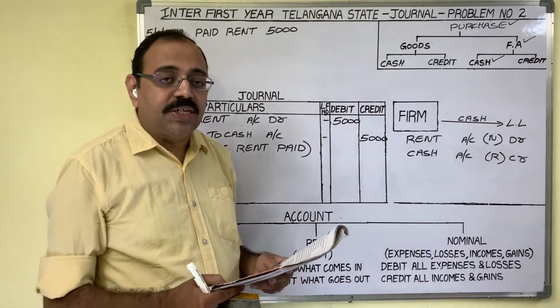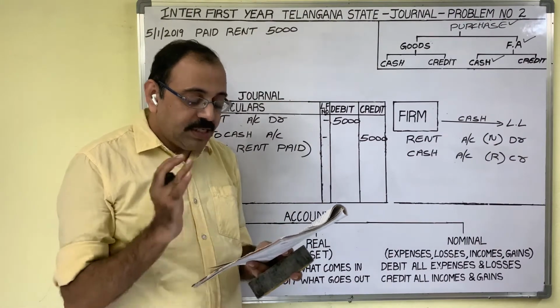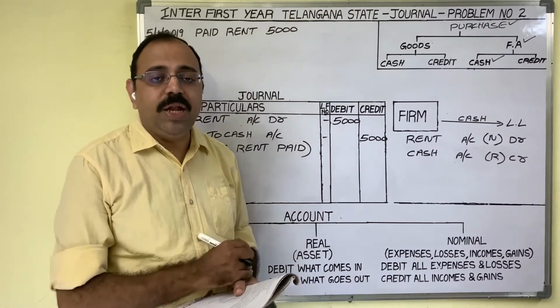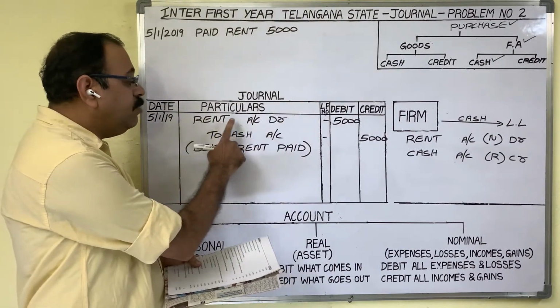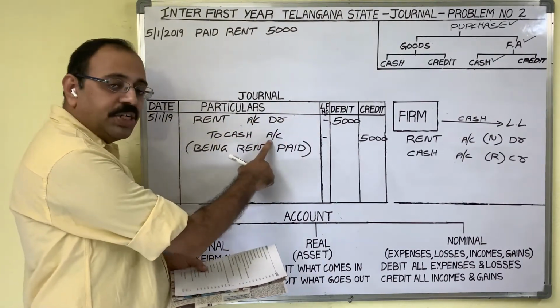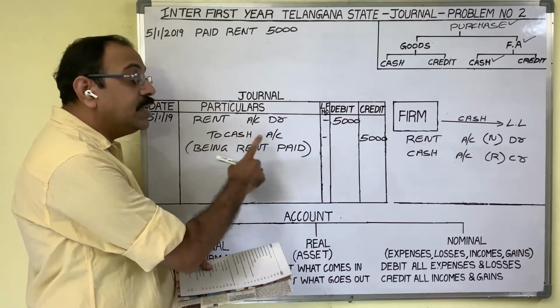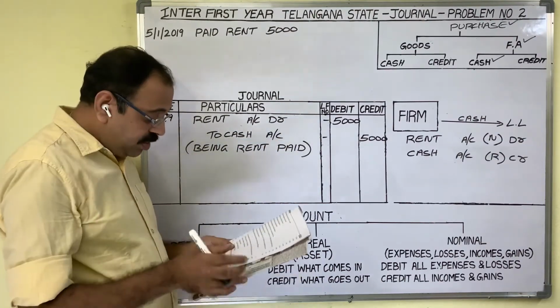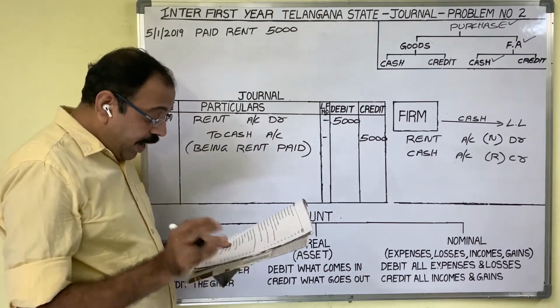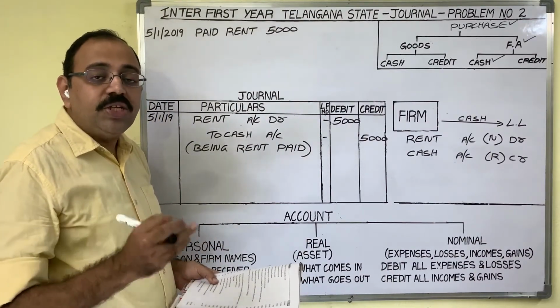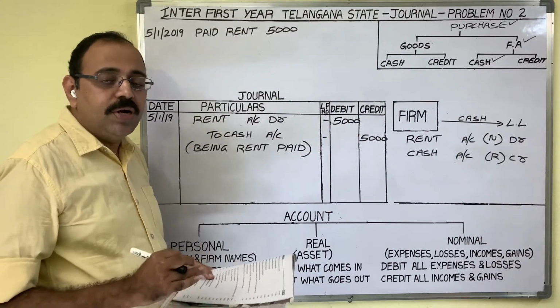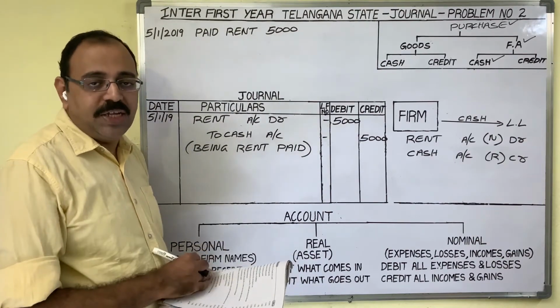Ninth day transaction. Paid electricity bill. Electricity bill is an expenditure, no? So what is the entry? Electricity bill account debtor to cash account. Being electricity bill is paid. Similarly, on 18th date, paid wages. We pay wages to labor. To the firm, wage is also an expenditure.